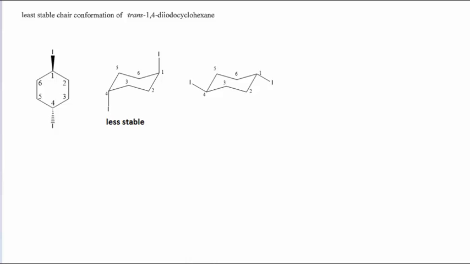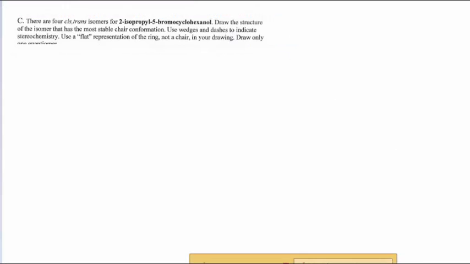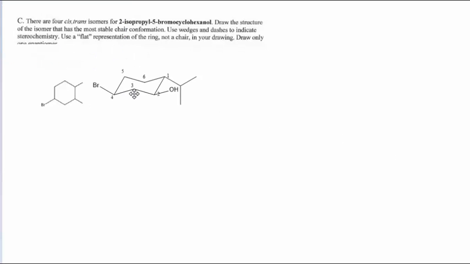Alright, now let's do something a little bit more interesting. In this problem, we were told that there's 4 cis-trans isomers of this structure. And what they want us to do is give the most stable isomer. So in this problem, you need to realize that you're essentially going backwards. The most stable isomer will have a chair conformation that has all the groups equatorial.